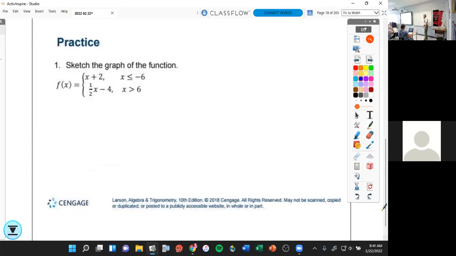The top one, because it says x is less than or equal to -6. Where would -12 be? The top one. Yeah, -12 is the top one. Is it all real numbers? Is the domain all real numbers? Look again. What's the domain?